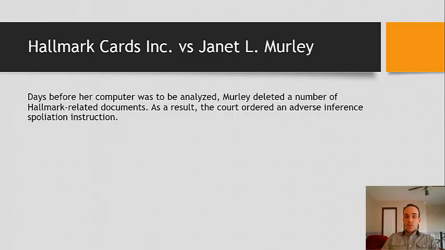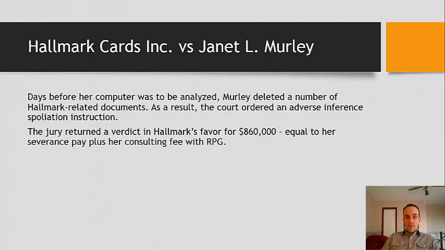As a result of this, the court ordered an adverse inference spoliation instruction. The jury returned a verdict in Hallmark's favor from this, rewarding them $860,000. That number is coming from equaling out to Murley's severance pay plus her consulting fee from RPG.